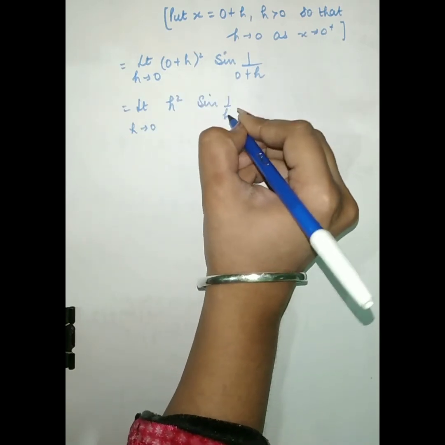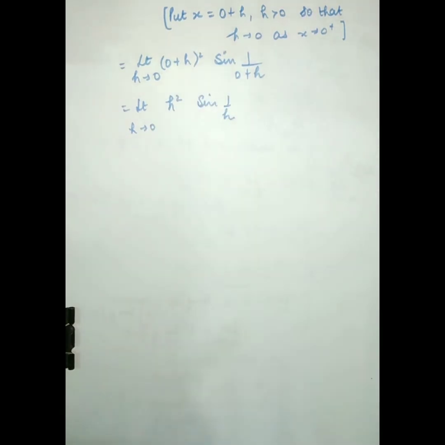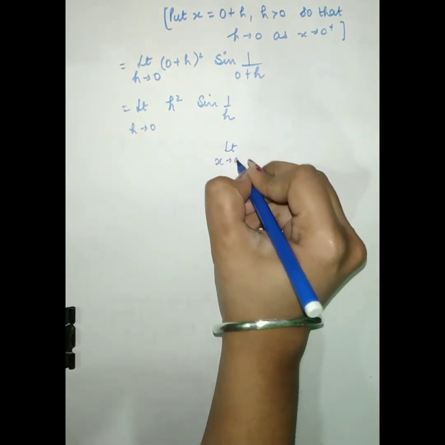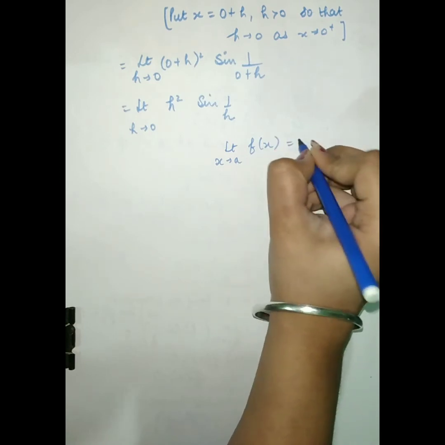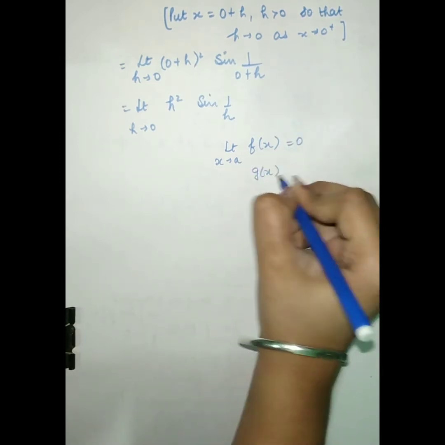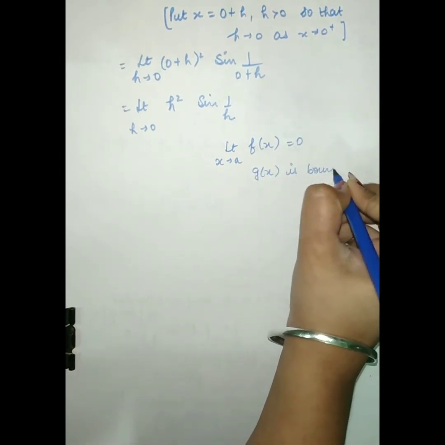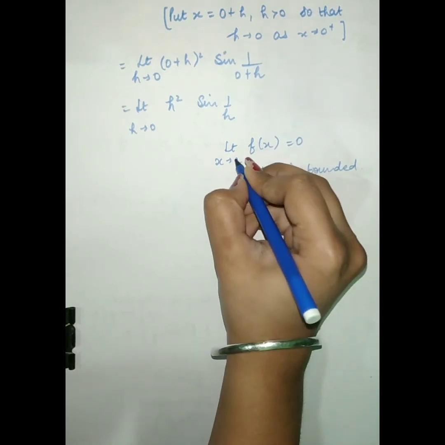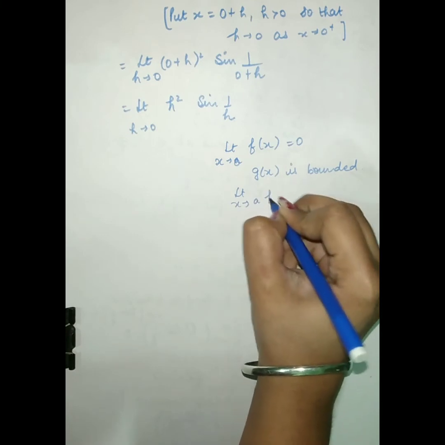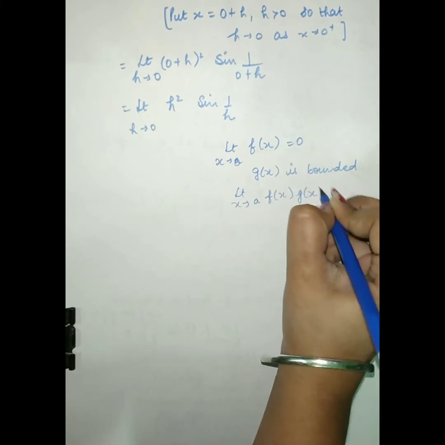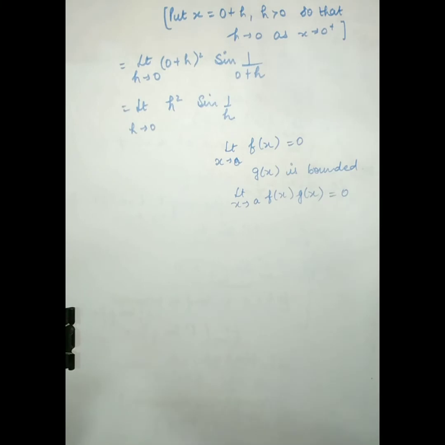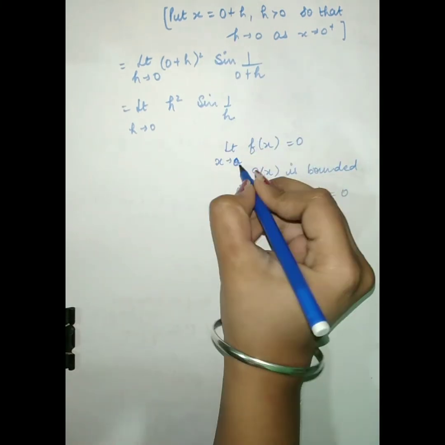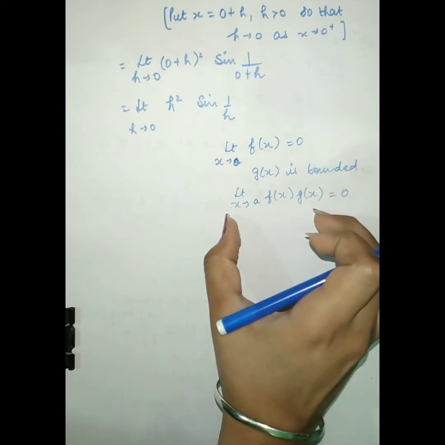As discussed previously, if the limit of x approaches a of f of x equals 0 and g of x is bounded, then the limit of f of x into g of x becomes 0.